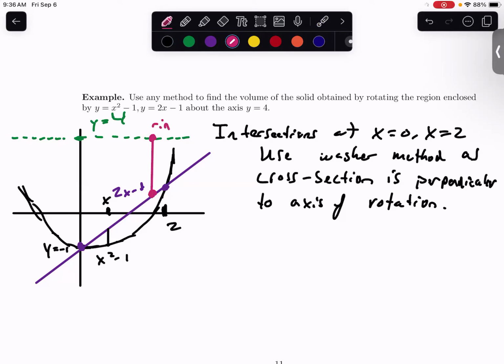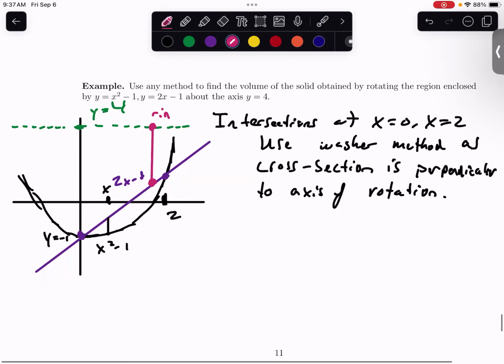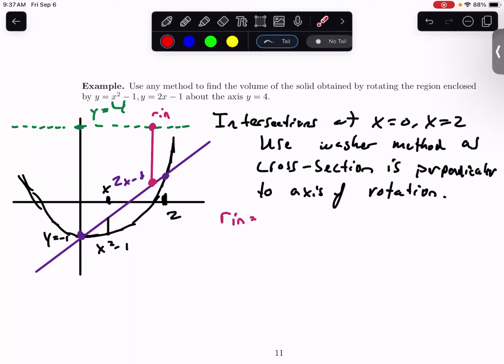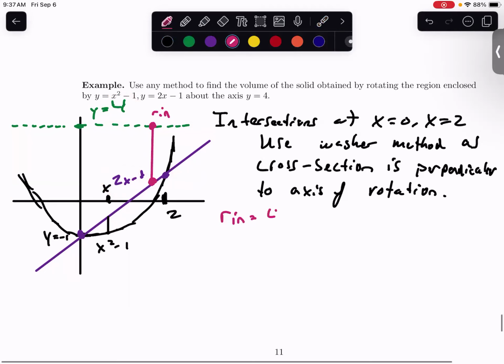This is R_in, the inner radius. And so this inner radius is really just going to be 4 minus 2x minus 1, right? It's like this distance here. So this is going to be equal to 4 minus 2x minus 1. This is the same thing as having 5 minus 2x.